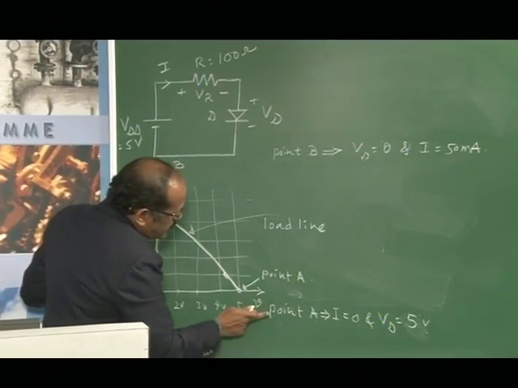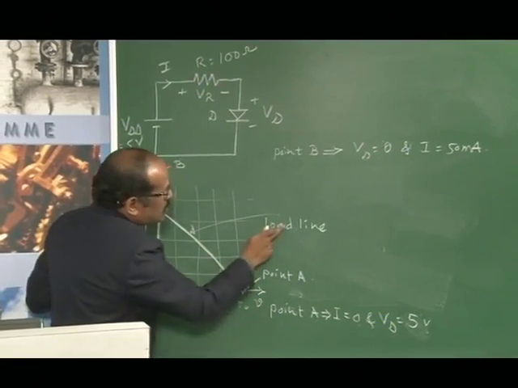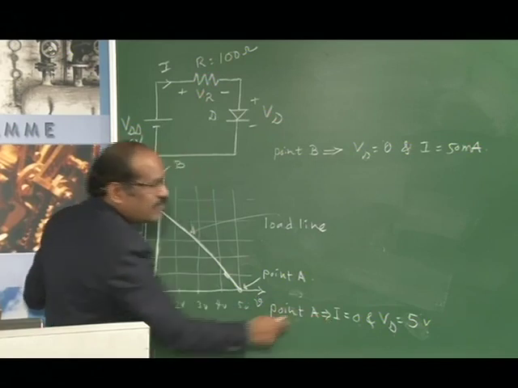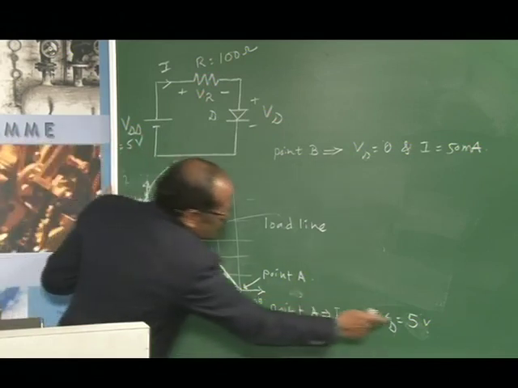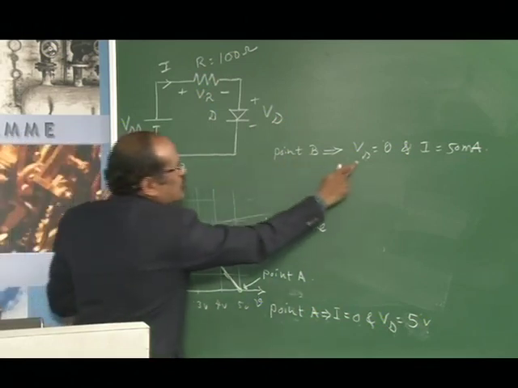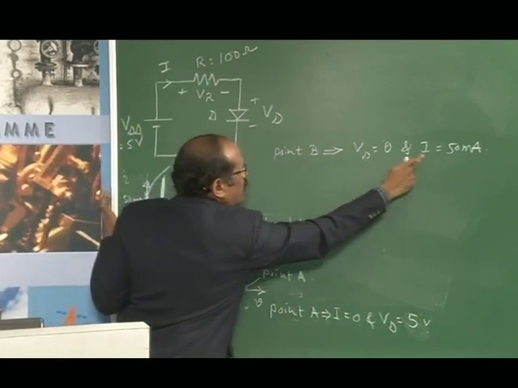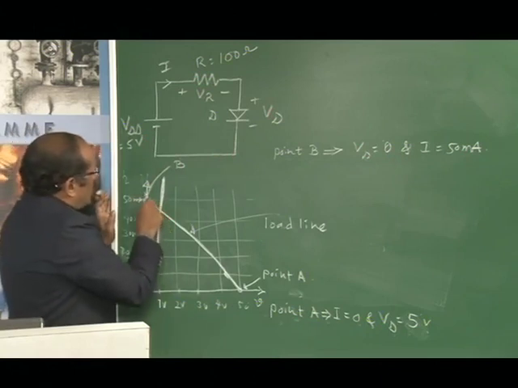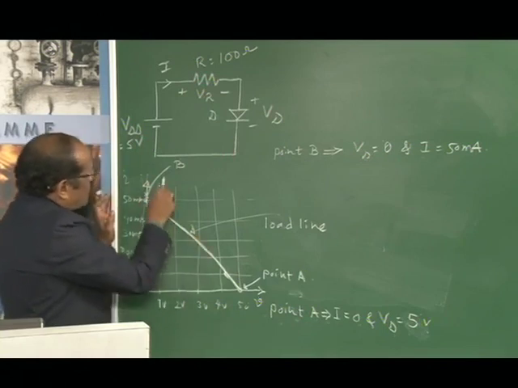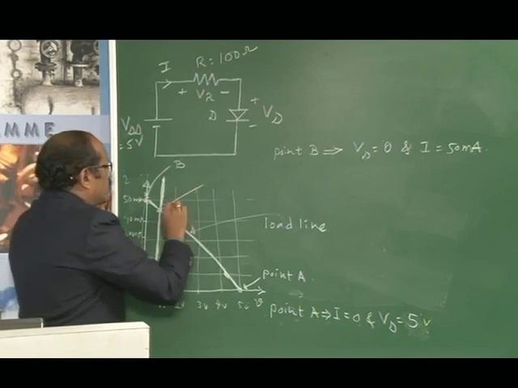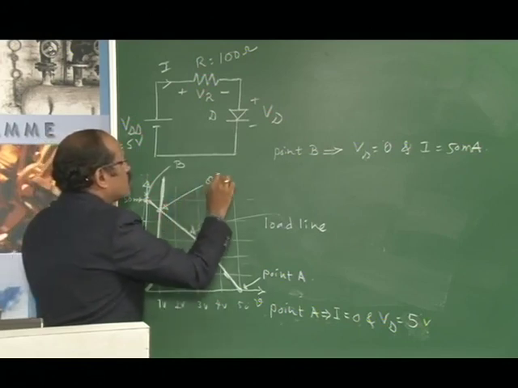The extreme points of this load line are point A, representing I equal to 0 and Vd equal to 5 volts, and point B, which corresponds to Vd equal to 0 and I equal to 50 milliampere. Then the intersection between this load line and the VI characteristics, we call the Q point.